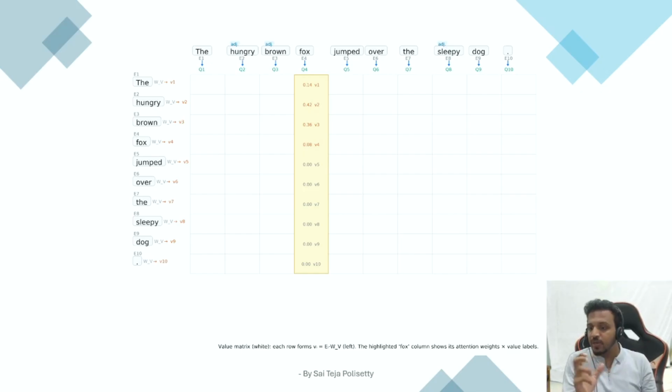Let me repeat: once I sum these values, I get C4, that is context 4, which I also call delta E4. Similarly, I will get delta E3, delta E2, delta E1. What this delta says is that you need to update your current E4 with delta E4, or C4, to give more relevance and more context to predict the next word. I hope you understood.